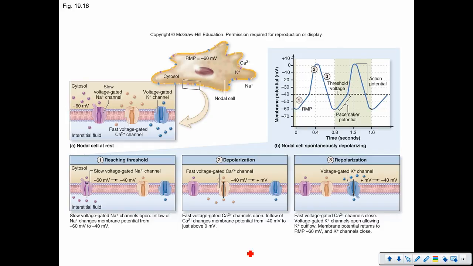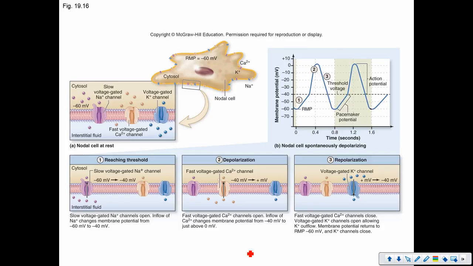You have no way to stop the leak, but you do have a pump that when the water gets to be a certain level, you can pump that water back out. But water will always be leaking into your boat. Well, that's kind of like what we see here in these nodal cells of the heart.